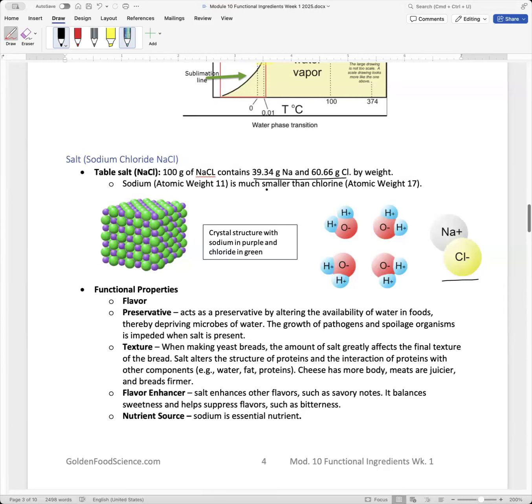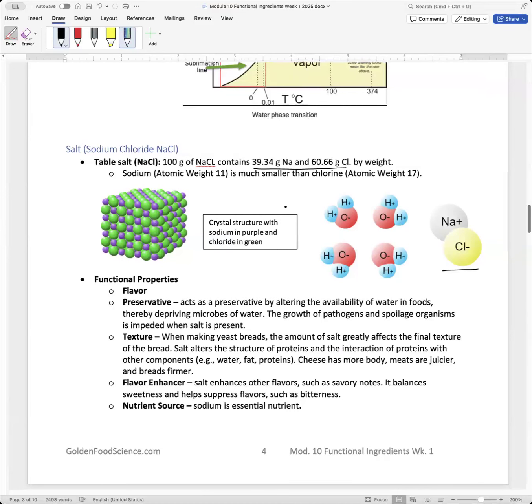So if you're interested in lowering your sodium content, know that it's not directly proportional to how much salt you lower, because the sodium molecule is quite a bit smaller. But you'll notice that these are our handy dandy water molecules with the positive and negative charges. And this is sodium chloride. When sodium chloride or table salt is put into water, it disassociates.